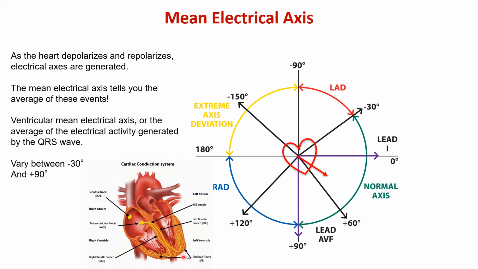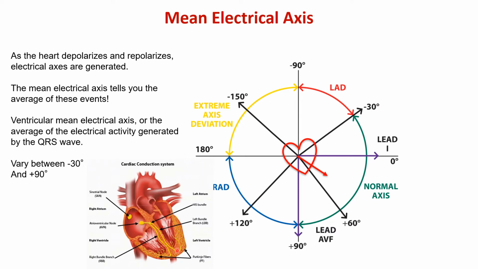The Purkinje fibers conduct the electrical impulse to the outer surface of the heart. So the electrical impulse is basically traveling from the SA node all the way to the left ventricular apex.